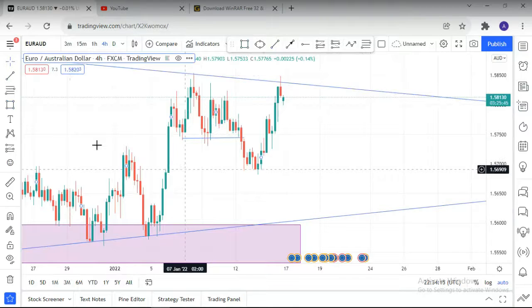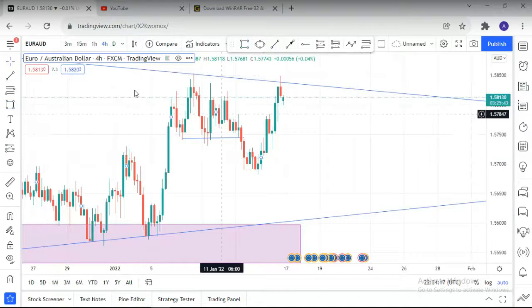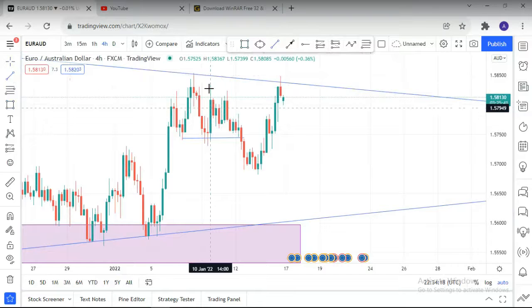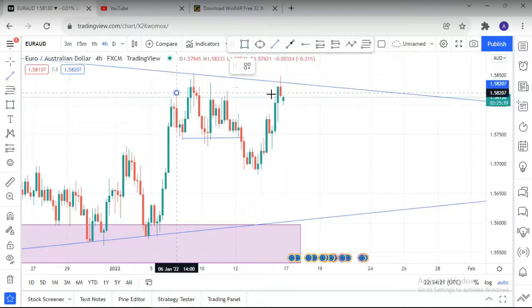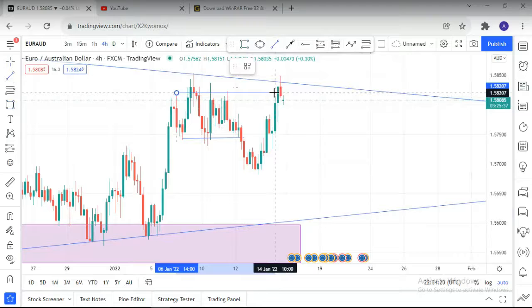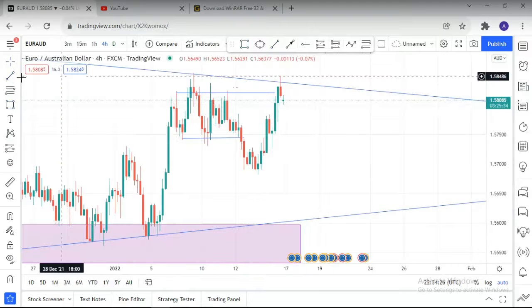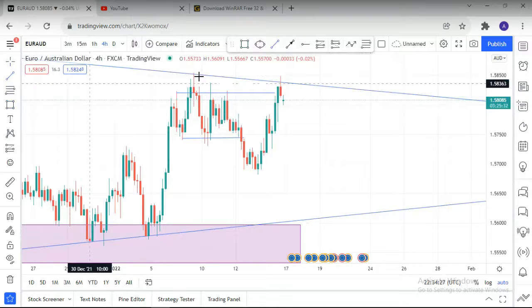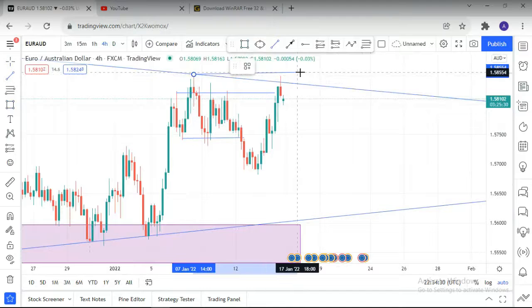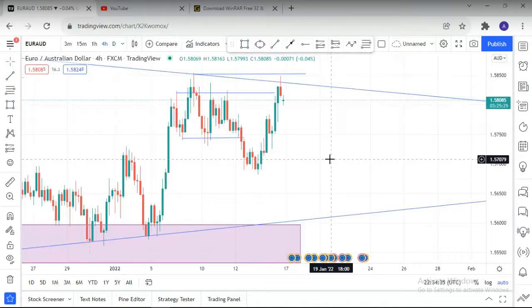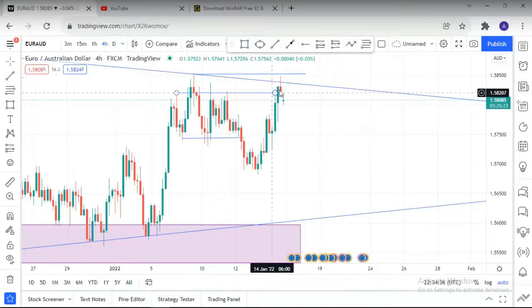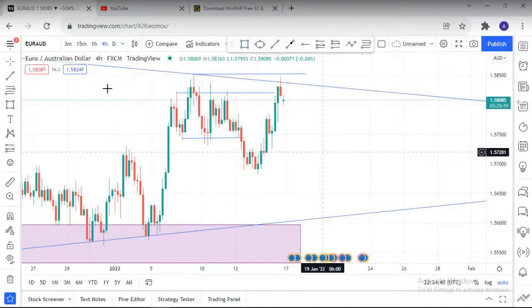Right now we're seeing these equal highs, and we've not had a high that is higher than this yet. So this looks more like a liquidity grab for a possible bearish direction.